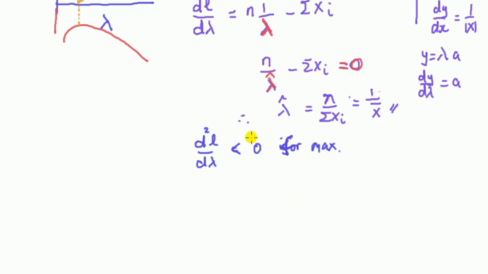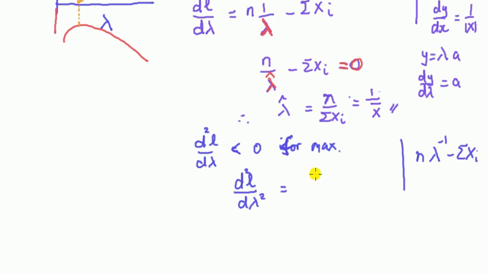So if we do it for this one, the second derivative with respect to lambda. Let me just rewrite this bit here as n lambda to the minus 1, minus the sum of xi.